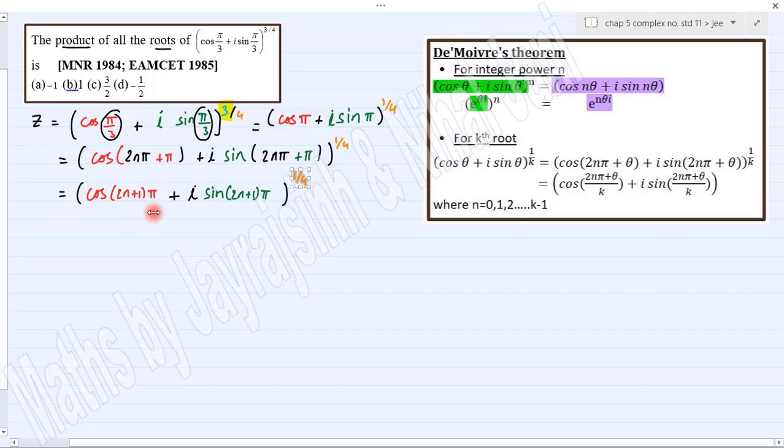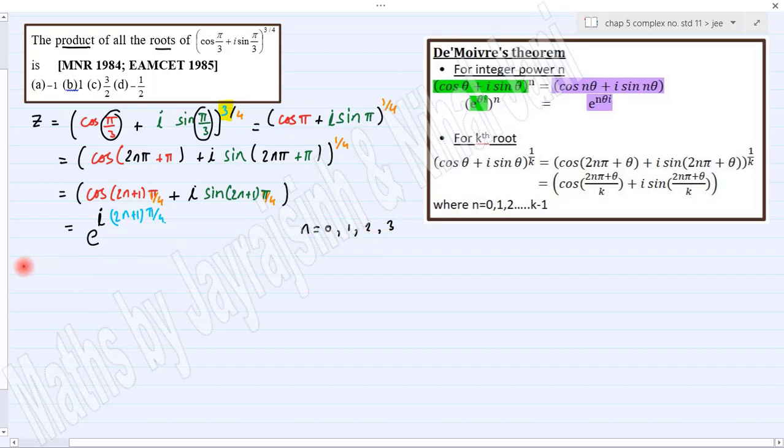Now, according to De Moivre's theorem, we can multiply the power with the angle, so we will get pi by 4. Similarly, sin pi by 4. Or we can say our z is e raised to i times our angle, which is 2n plus 1 pi by 4, where n must be 0, 1, 2 and 3.